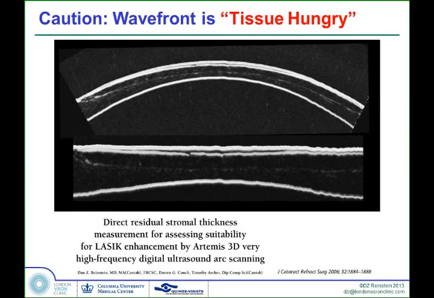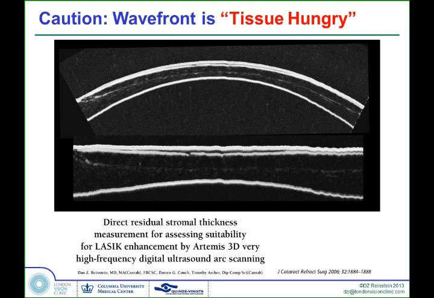One of the issues with wavefront, and we'll see there are two issues as we go along, but one of the big things is that it's quite tissue hungry. And it's tissue hungry in comparison to what I'll talk about next, which is the topography-guided patterns. This is just an example of a patient who underwent 2 wavefront-guided repairs.